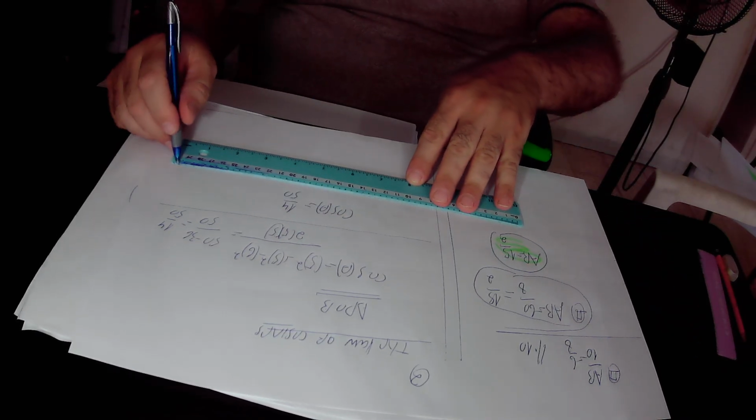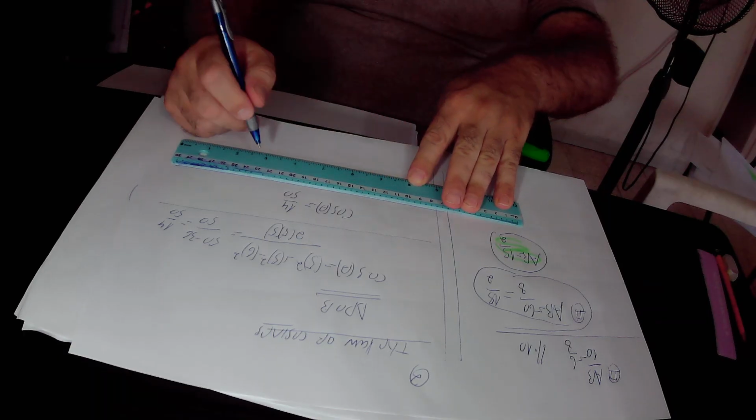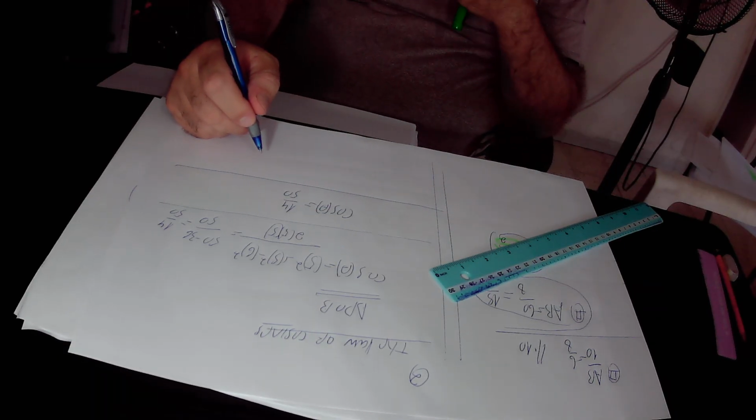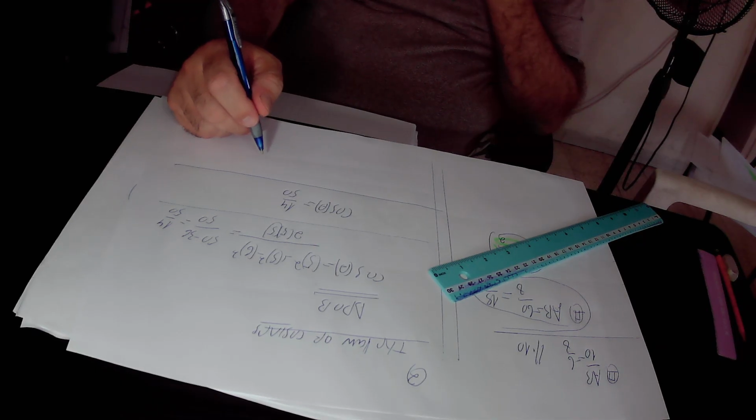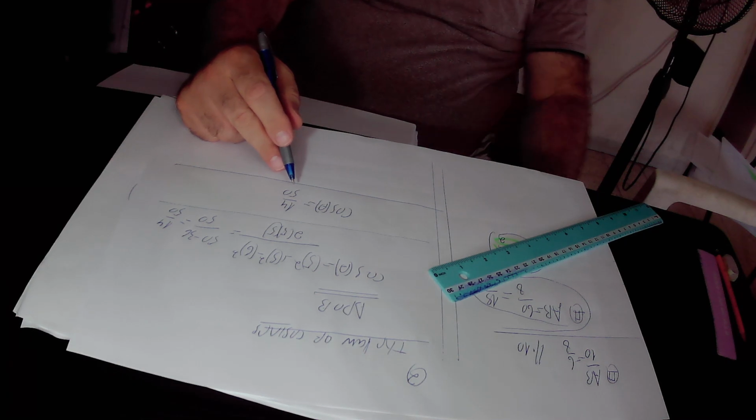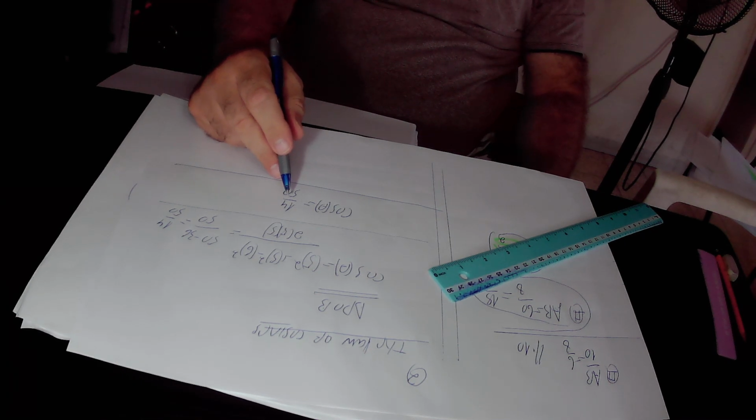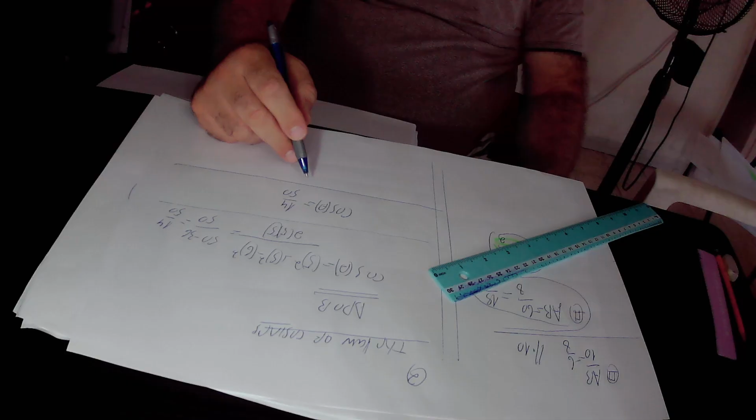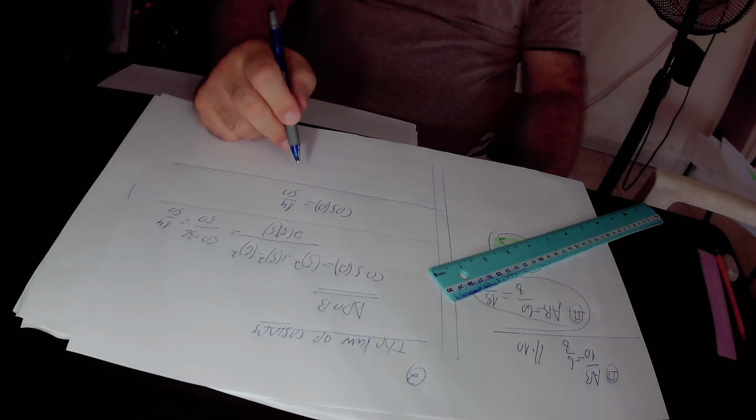We would like to find out the value of theta itself. In order to find out the value of theta itself, we'll operate the inverse function of cosine, that is arccosine, on the result 14 over 50. In this way we get angle theta itself.